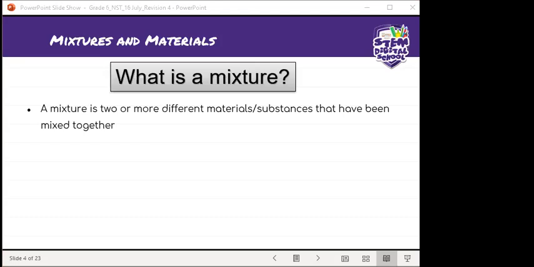All right. And then, can you guys think of examples of mixtures? You can write them in the group chat, or you can raise your hand to give me an example of a mixture.